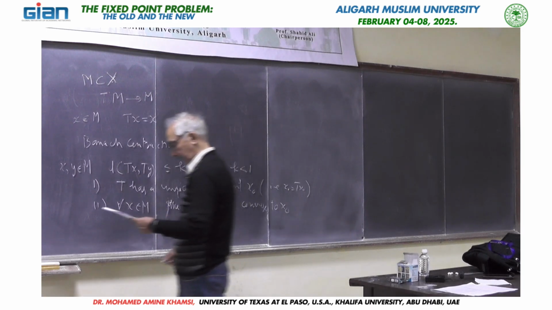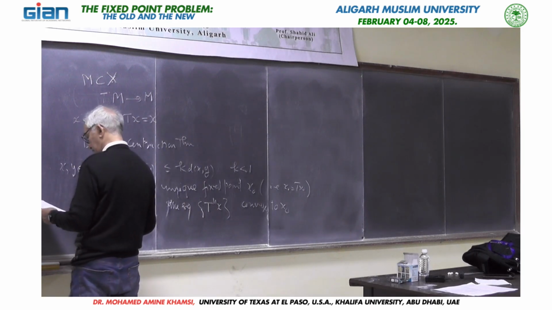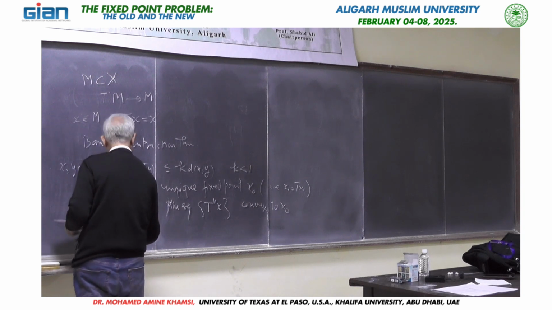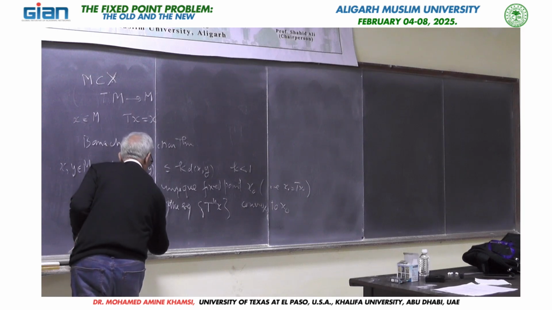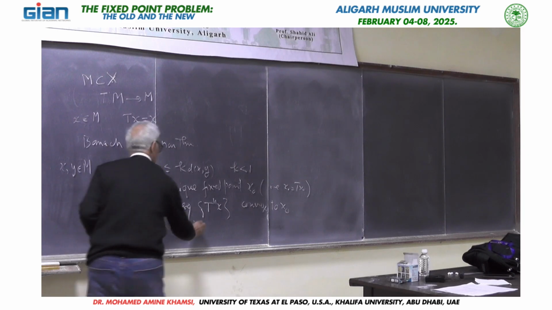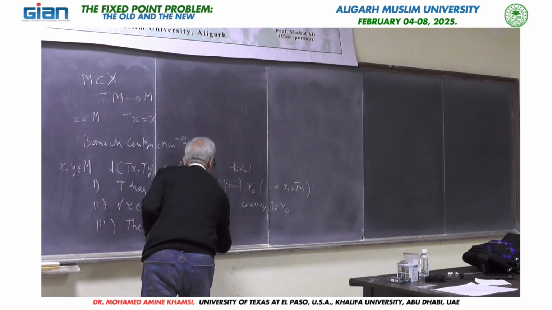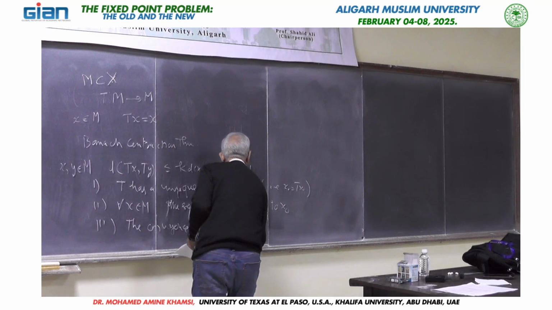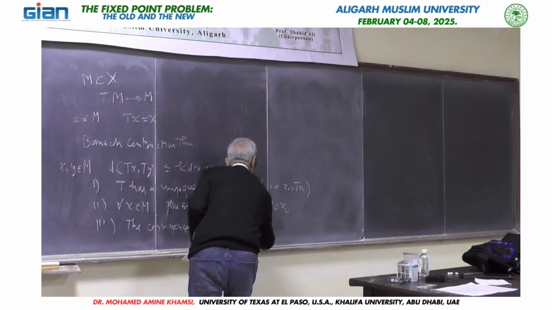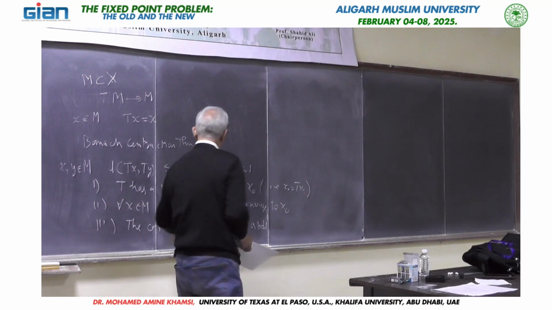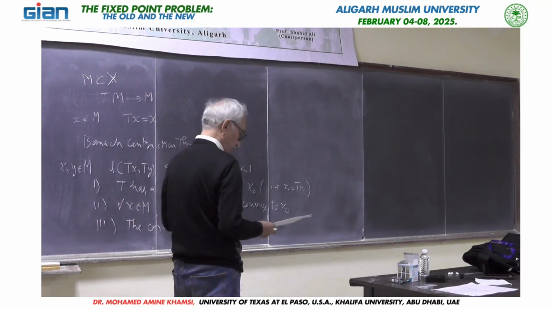Okay. And the third one is that the convergence is uniform if M is bounded. Okay, with the restriction that M is bounded.